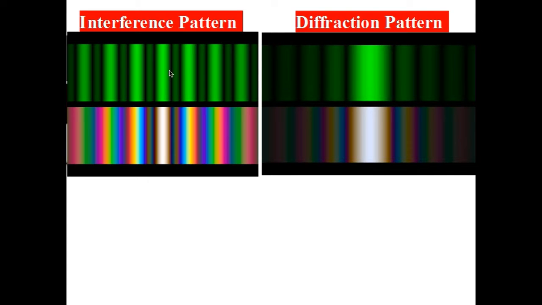While in interference, we can see that the central bright fringe and other bright fringes have the same width, and the centers of the bright fringes and the centers of the dark fringes are equidistant. In the interference of white color, we will get only white here at the center, and other colors will interfere at the right and the left.